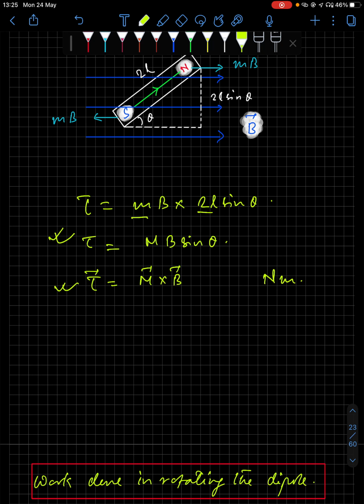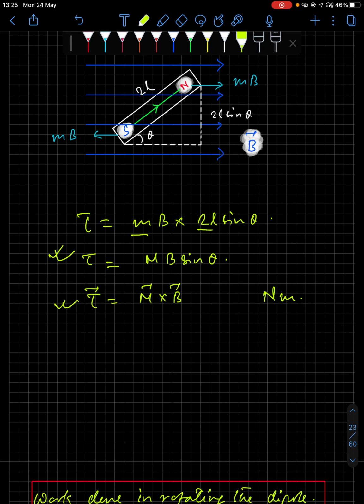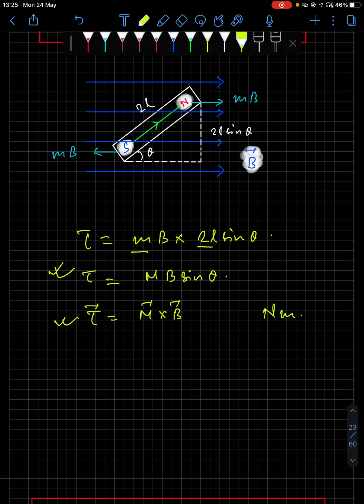Now, torque on which alignments. This is not of course included in the PDF. However, this is pretty simple, and everyone should understand. Now, if this bar magnet is lying along the field, like north is here and south is here, then you will say that theta is 0 degree. In such a case, if theta equals 0 degree, then tau equals MB sine 0, which is 0.